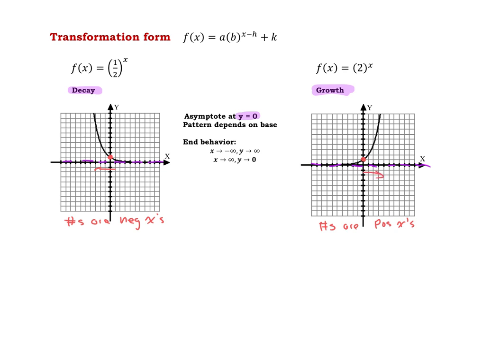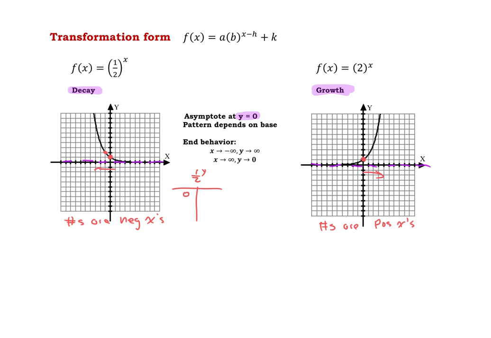And this has the same pattern because it's 1/2 and 2. So they have a very similar pattern, but when I'm a decay, I'm going to go left, and when I'm a growth, I'm going to go right. Because here, if I look at my whole numbers, 2 to the negative, 1/2 to the negative 1, because that's what we're doing. It's 1/2 to the x. So my x's are going to be at 0.